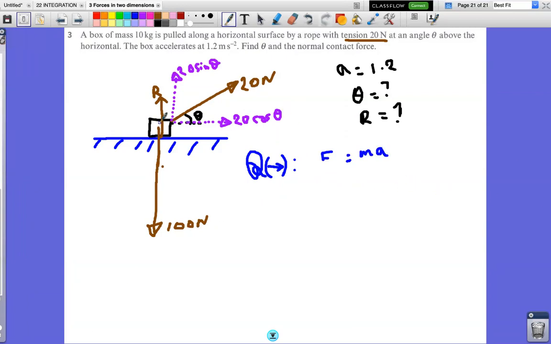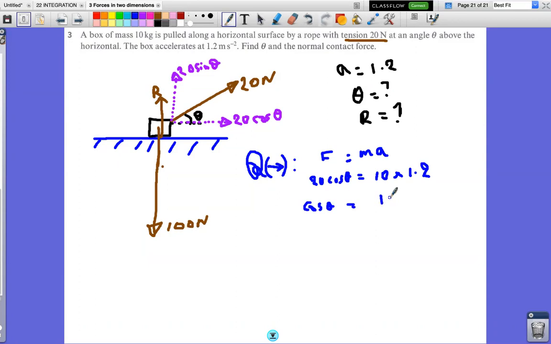The resultant force horizontally is 20 cos theta. So 20 cos theta is equal to, mass is 10 times acceleration is 1.2, right? So from there we can find cos theta.